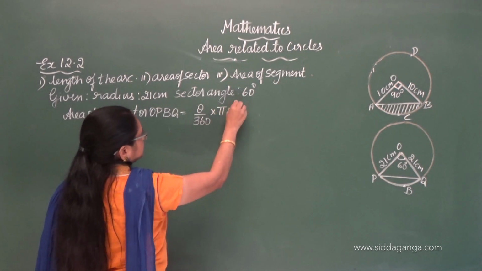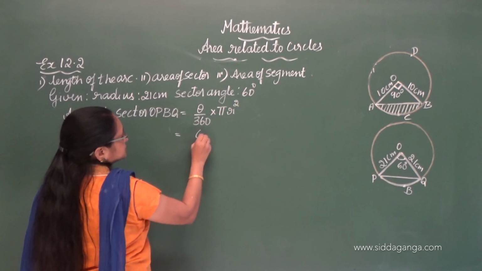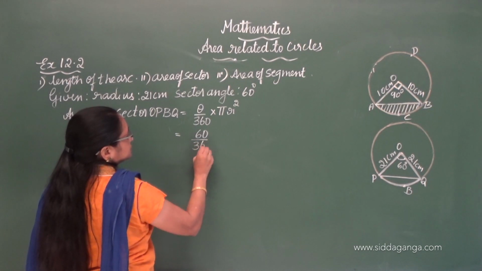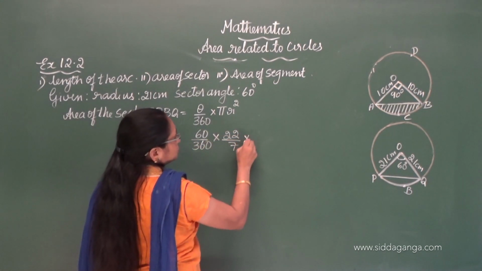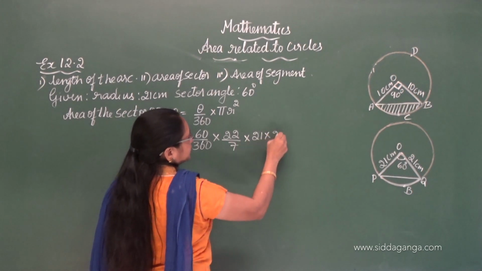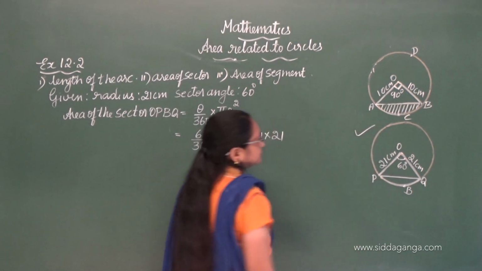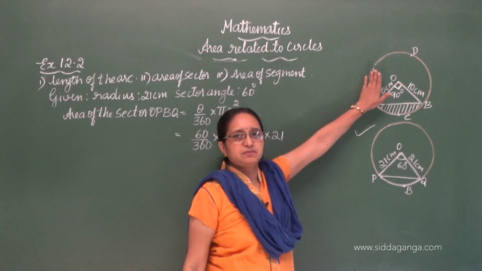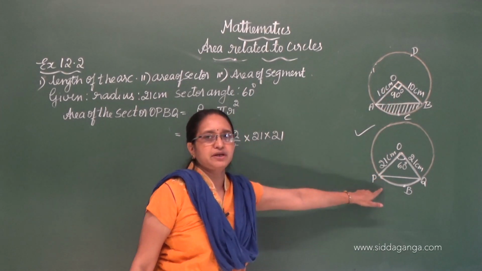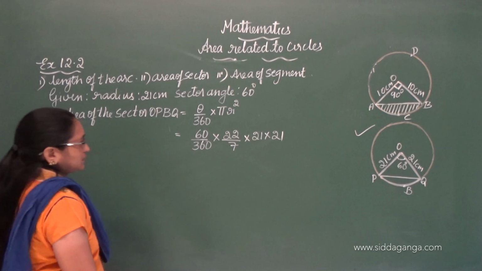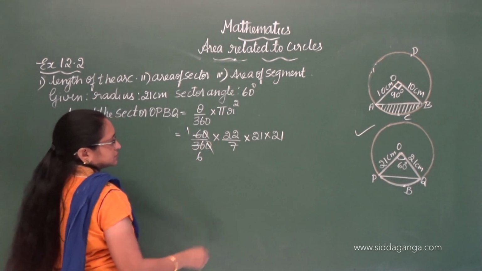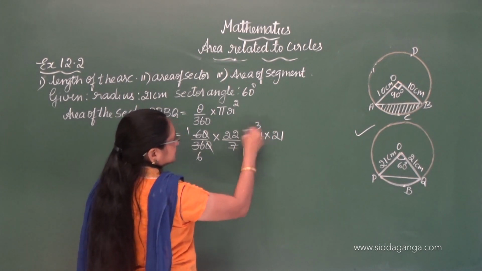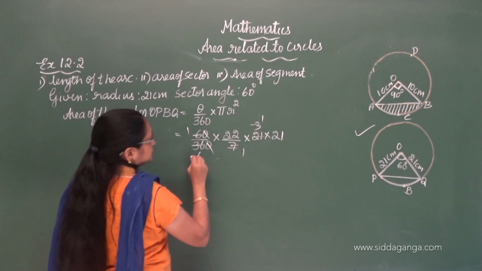This is the formula. So theta is 60 by 360 into 22 by 7 into 21 into 21. Please observe this figure. See, this is the previous problem. This is what I am doing now. 21 into 21. Now 6 ones are 6, 6 are. 7 ones are 7, 3s are. 3 ones are 3, 2s are.